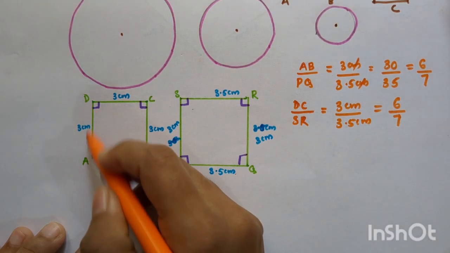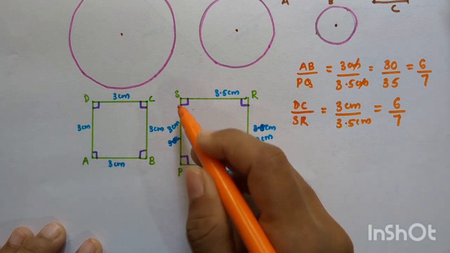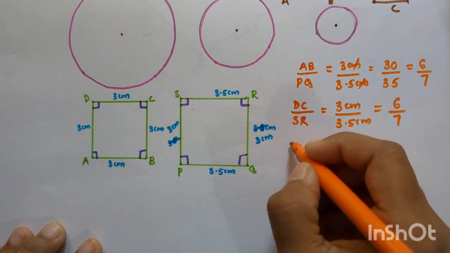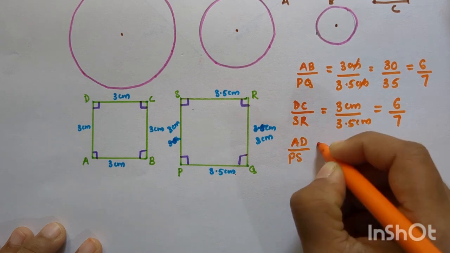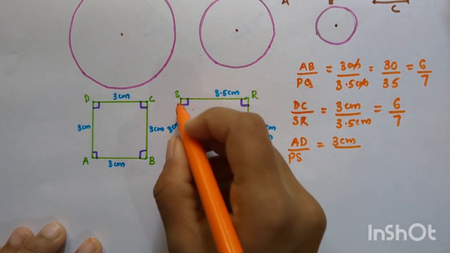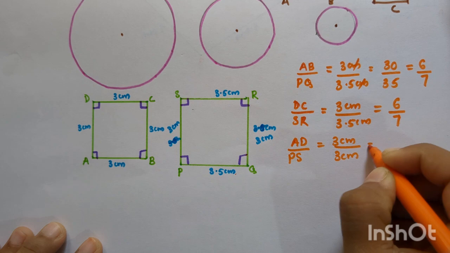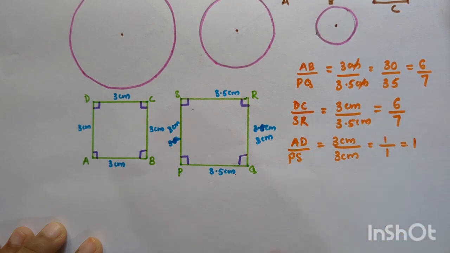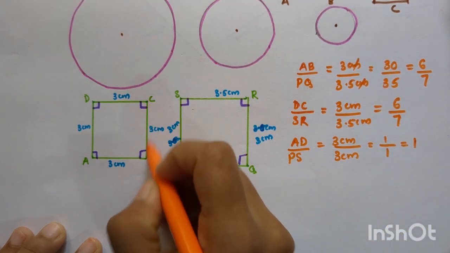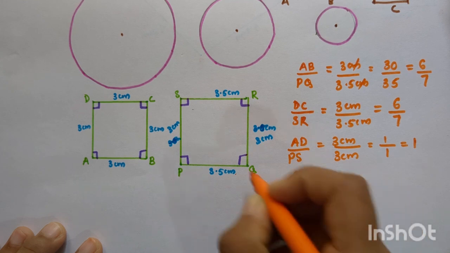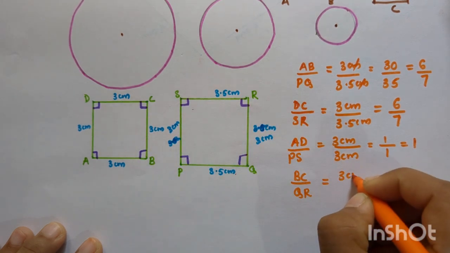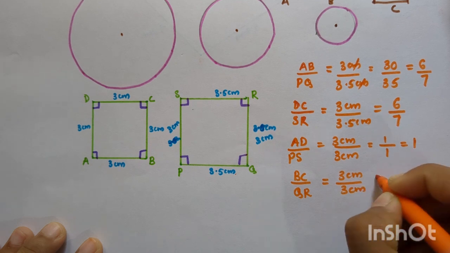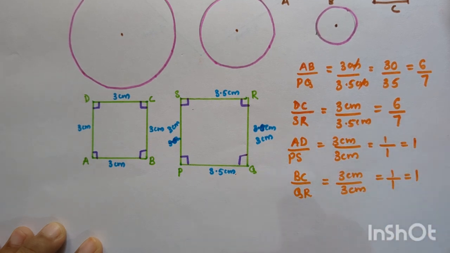Now corresponding to this side AD, here we have this side PS. So the ratio of these two corresponding sides, AD divided by PS, is equal to 3 centimeters divided by 3 centimeters, which is equal to 1 by 1, or 1. Corresponding to this side BC, here we have this side QR. So the ratio of these two sides, again 3 centimeters divided by 3 centimeters, is equal to 1 by 1, that is 1.